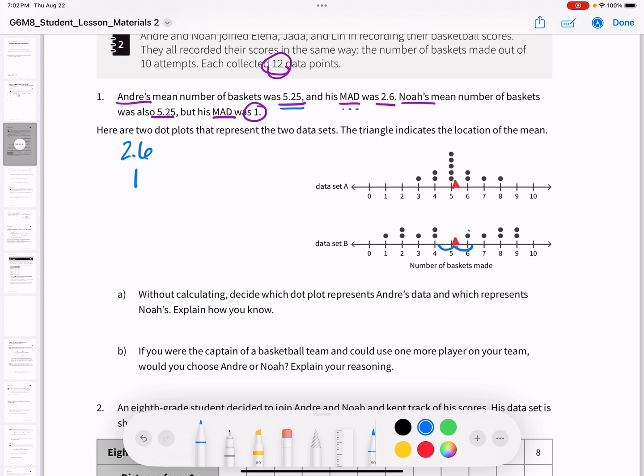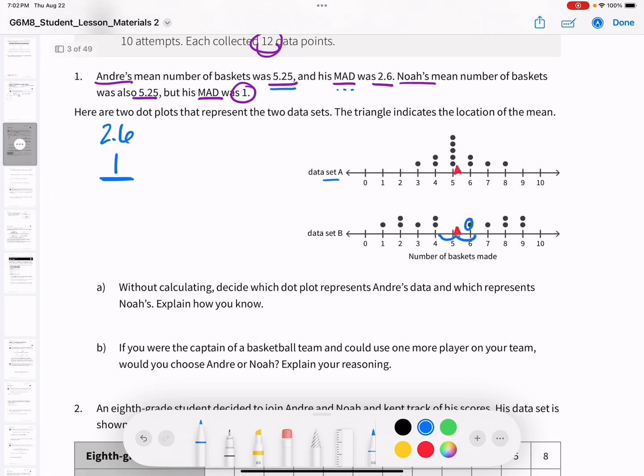I've only hit 1 dot if I go with a MAD of 1. So let's go up here to A and try that again. If I start from the mean and go from 5.25 to 6.25, and then from 5.25 to 4.25, I have hit 1, 2, 3, 4, 5, 6, 7 out of 12 data points. That's quite a bit.